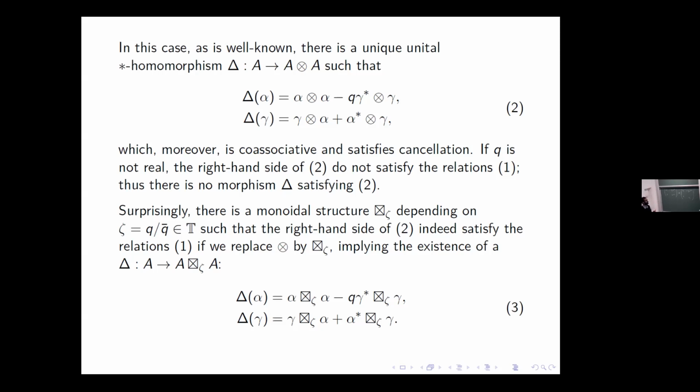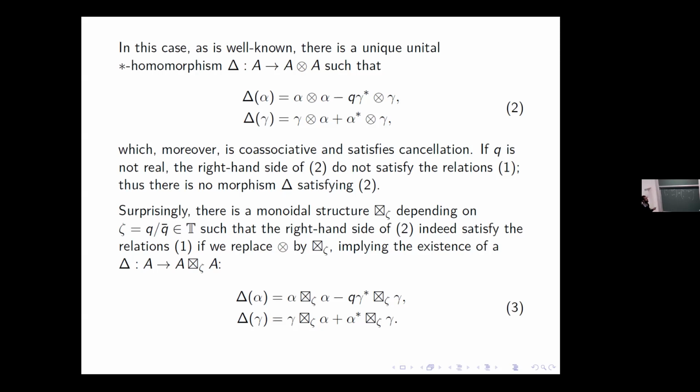So there is no morphism delta that satisfies 2. So if q is a non-zero complex number, we cannot say whether it is a compact quantum group or whether there is even a bi-algebra structure.